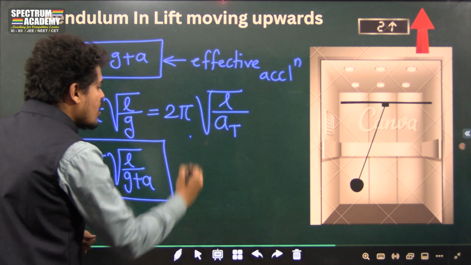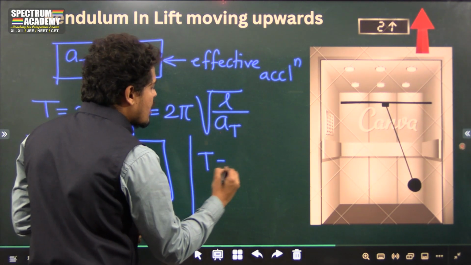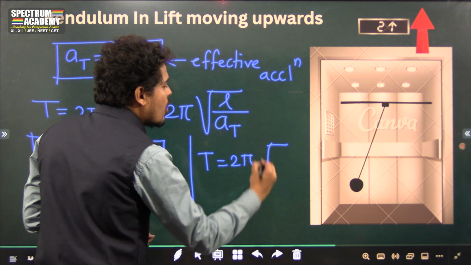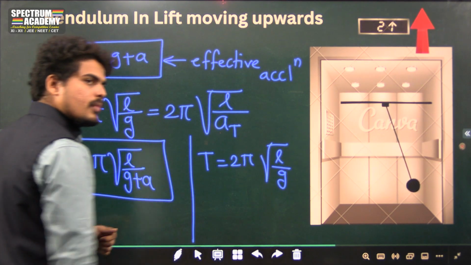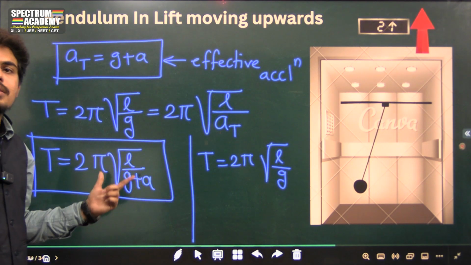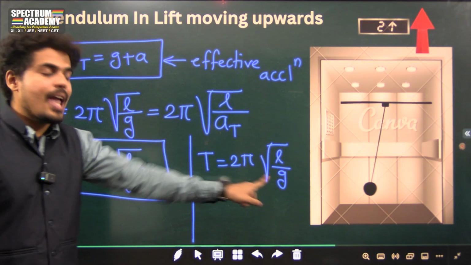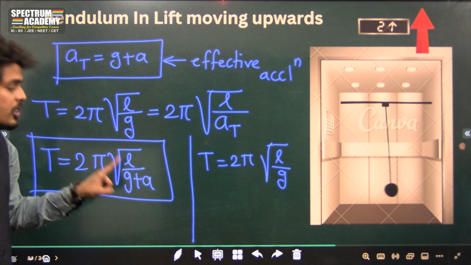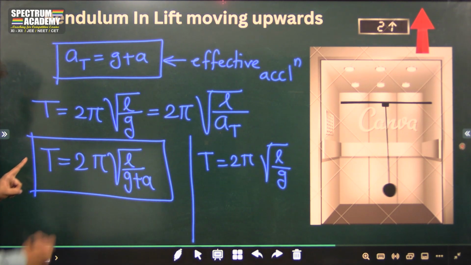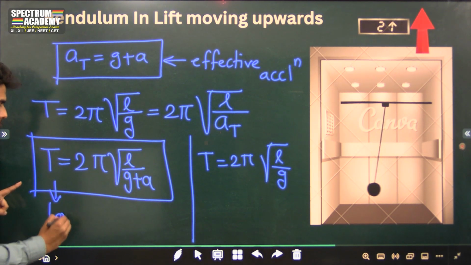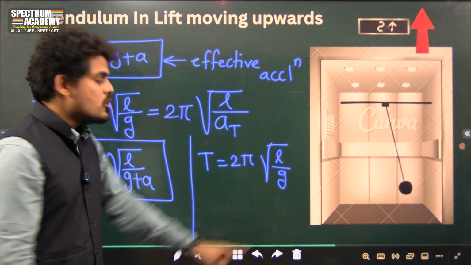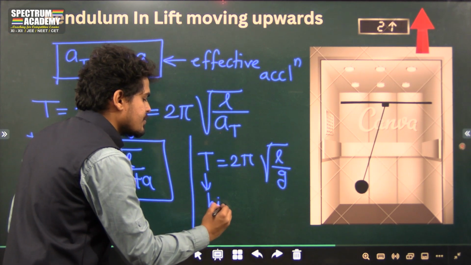But in regular mode the period is t equals 2 pi under root of L upon g. Now which period is greater? Here the denominator is small and here the denominator is high. Denominator high, so period is low, and the denominator is low, so period is high.